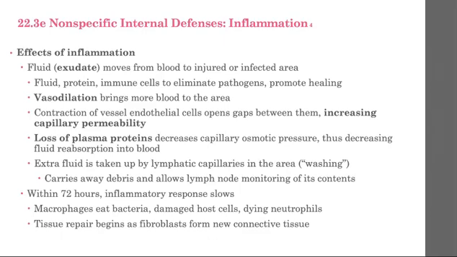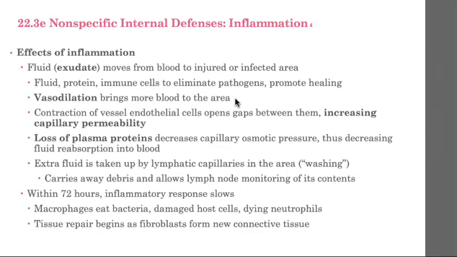And so once this inflammation process takes place, we're going to have fluid that we call exudate that moves from the blood to the injured or infected area. And the fluids, protein, immune cells are going to work to eliminate the pathogens, which will promote healing. We'll have that vasodilation that's helping to bring more blood to the area, and this is going to increase the swelling and also bring in heat and that red color.